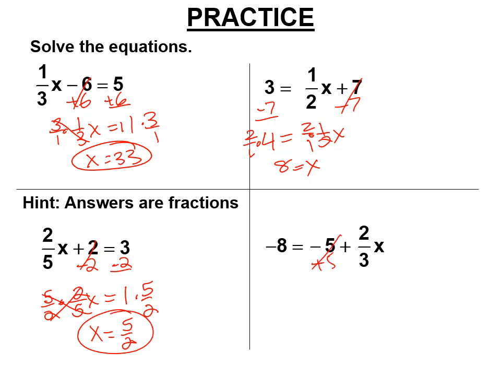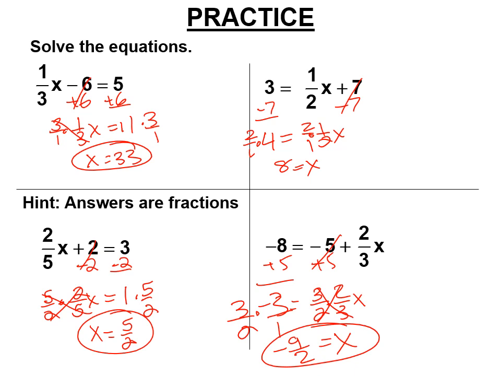Negative 5, so you add 5 to both sides. Negative 3 equals 2/3 x. The reciprocal of 2/3 is 3/2. You cannot cancel here, right? Those 3's are side by side. So it's 3 times negative 3, negative 9/2, also known as negative 9/2. That's simplified, so it's fine.